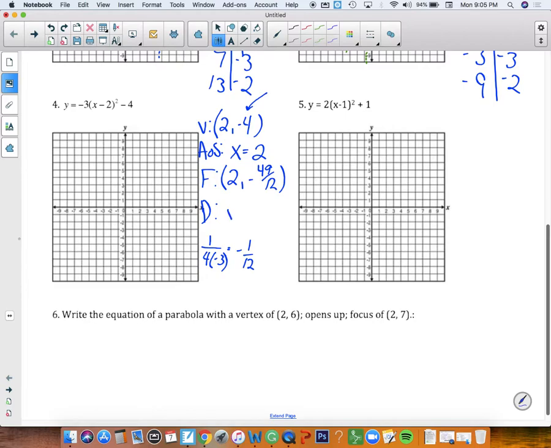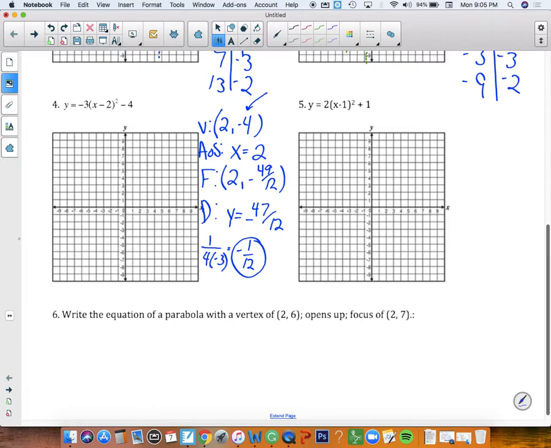And then that means the directrix is going to be y equals negative 47 twelfths. Because for the focus, you'll add this negative 1 over 12, and for the directrix, you'll subtract that from the y value of your vertex.